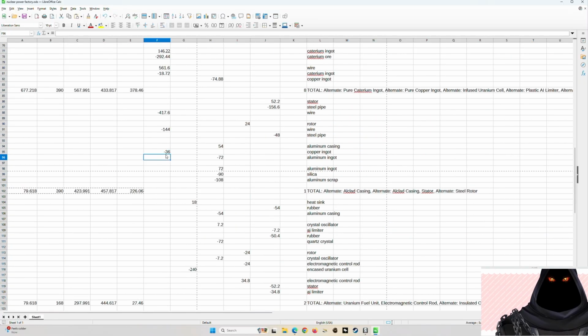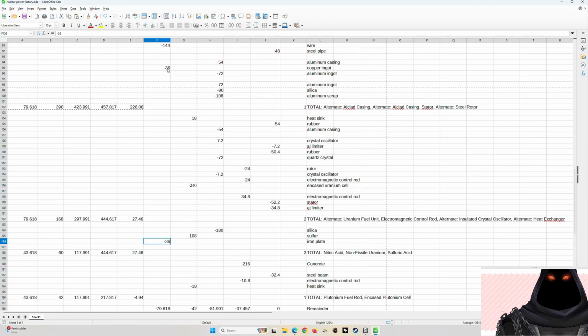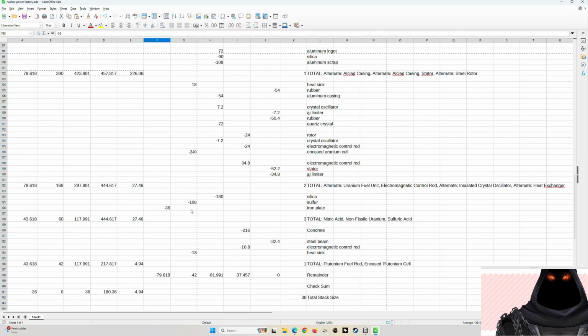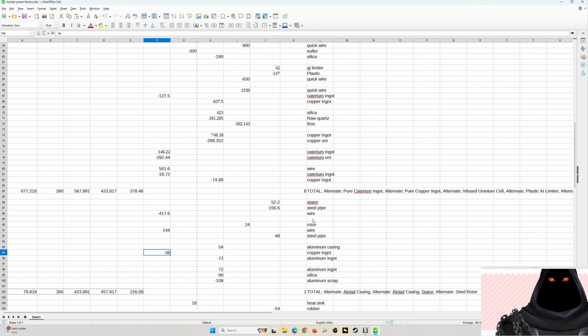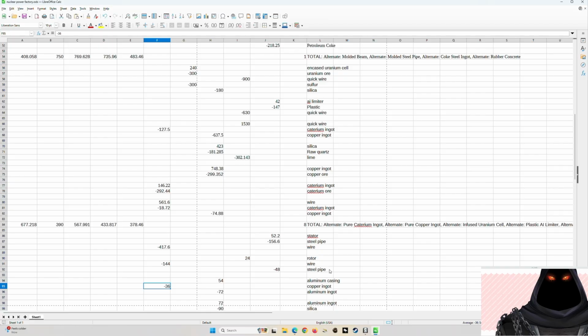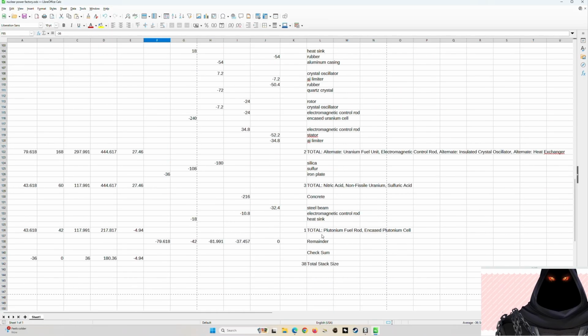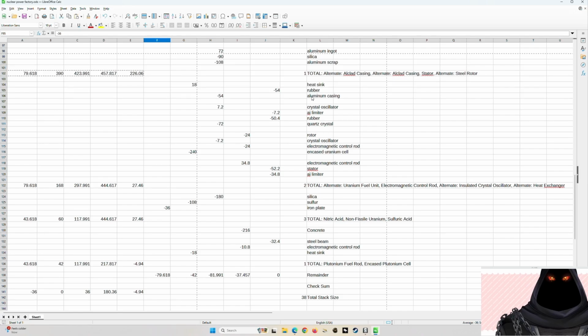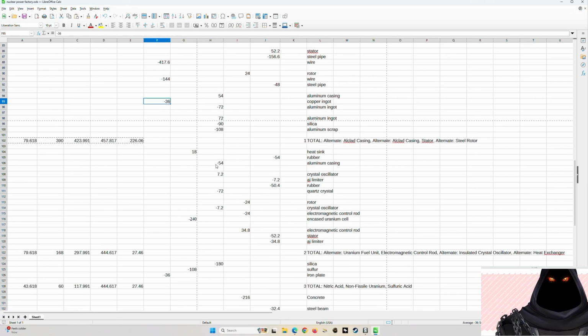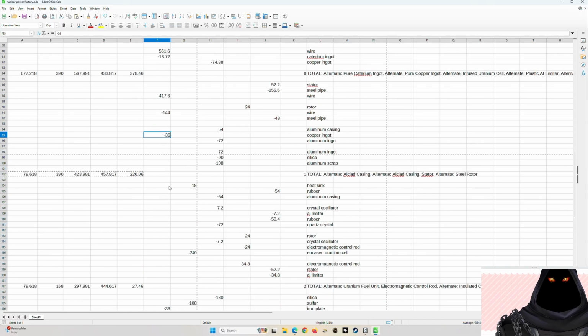Coming from, there's aluminum casing. Oh no, not aluminum casing, it's copper ingot. Okay, where's copper ingot?